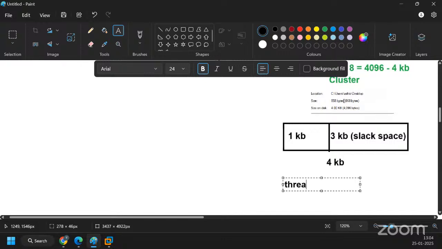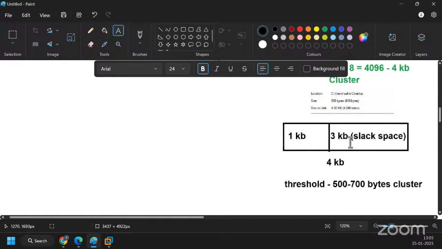But we have a threshold value for allotting this cluster, near 500 to 700 bytes. If the file exceeds this size value, only then will they show us the size on disk of 4 KB. Otherwise, it will be stored in some other file's slack space.